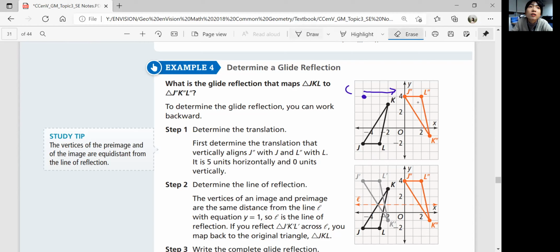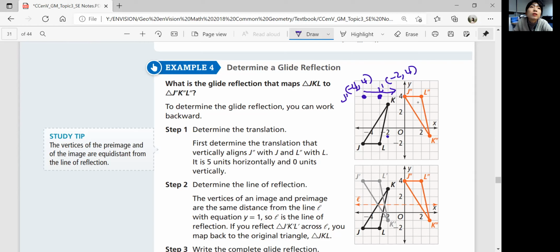So you want a certain X that has a height of 4, which also your X has to be the same as your pre-image because you're reflecting horizontally, right? So that's the point you want for J, which means because your angles and your distance of the sides are preserved, your L prime should be here, -2, 4. And then your K should have the same rule, right?